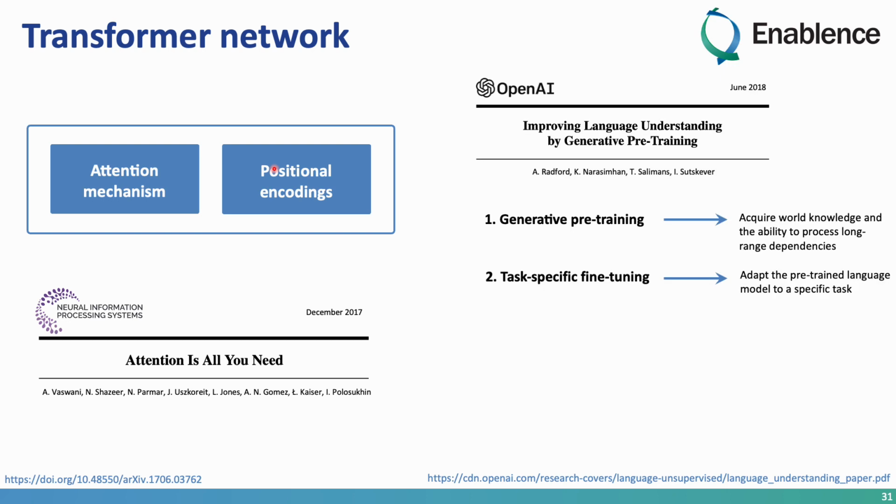The next important paper on the subject came from the OpenAI team less than a year later. They explored a semi-supervised approach for language understanding tasks. Their semi-supervised approach consisted of two distinct phases. The first one was unsupervised pre-training, and the second one was supervised fine-tuning.